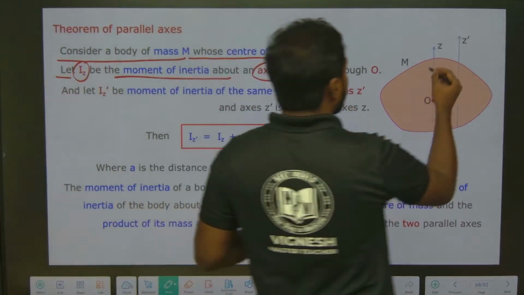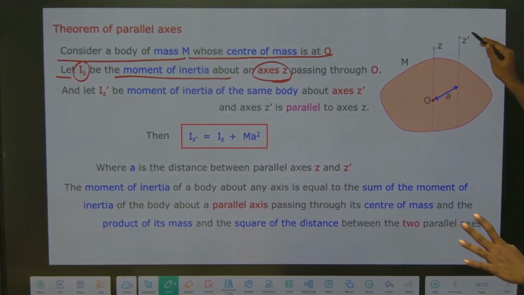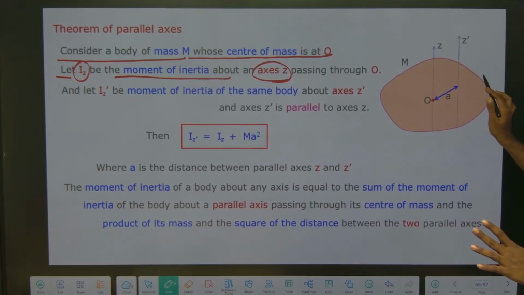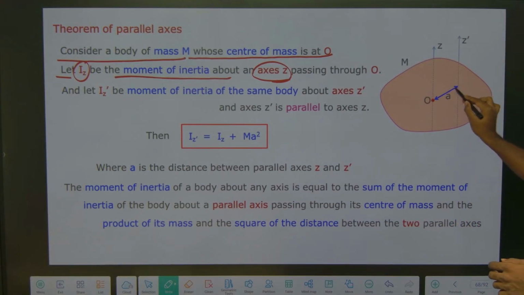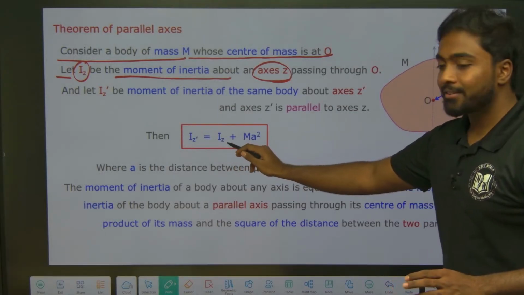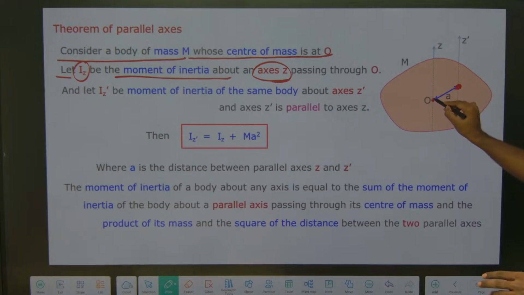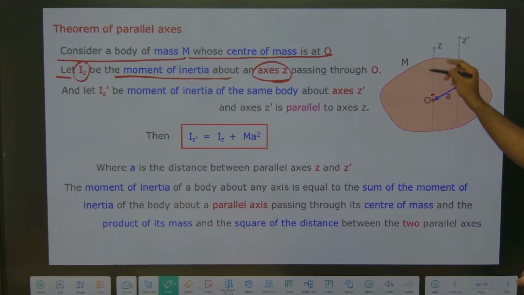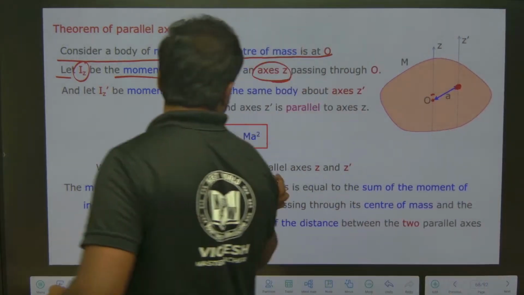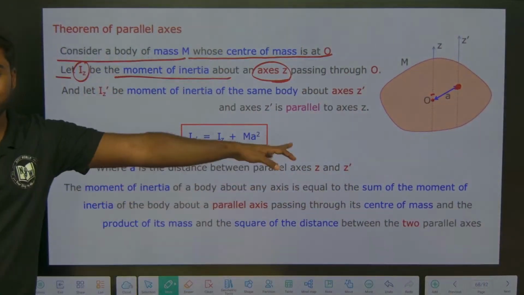So here this is the z axis, and z dash is the parallel axis I have taken. At this point I need to find the moment of inertia. The formula is I z dash equals I z plus M A squared, where A is the distance between the parallel axes, that is the z axis and z dash.